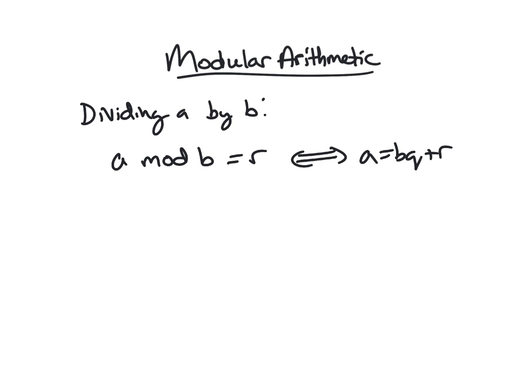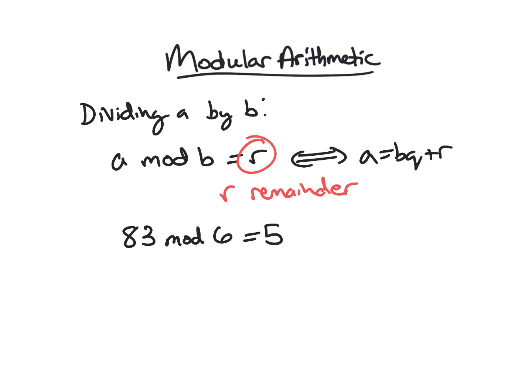So basically, we say a mod b is r if r is the remainder when you divide a by b. In all those examples, we had the remainder already figured out, and so it's just translating that into this notation. So we would say 83 mod 6 is equal to 5.